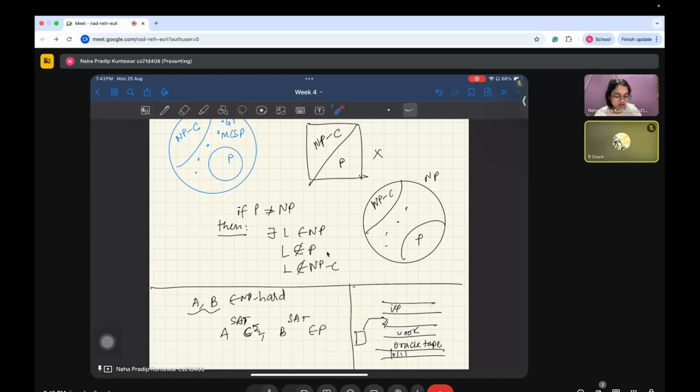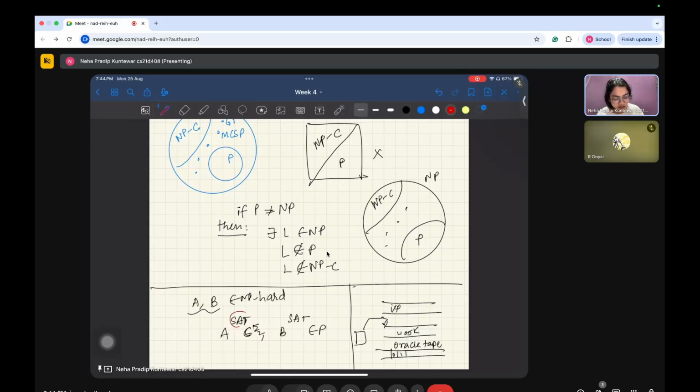Generally I call it A with Oracle access to SAT. The point is that the Oracle access that we are giving is always a language. It cannot be a class. What is the input that goes to it?